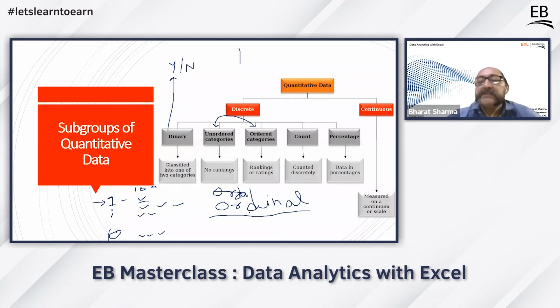So this is ordinal data. Unranked data is just useful for data collection and doesn't give much meaningful information, but when you move it to the ordered category, you start getting a good amount of information out of this data: which is the top selling product, what sells more on Monday, what sells more on Tuesday, what sells more on Wednesday.